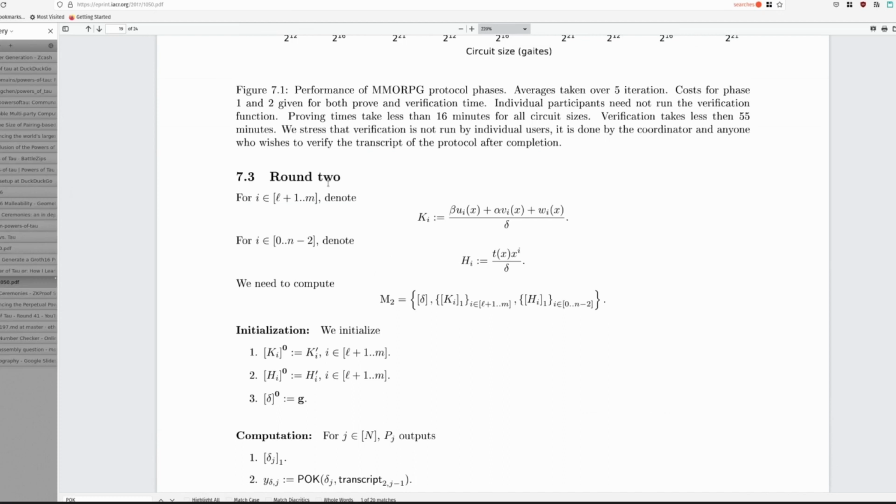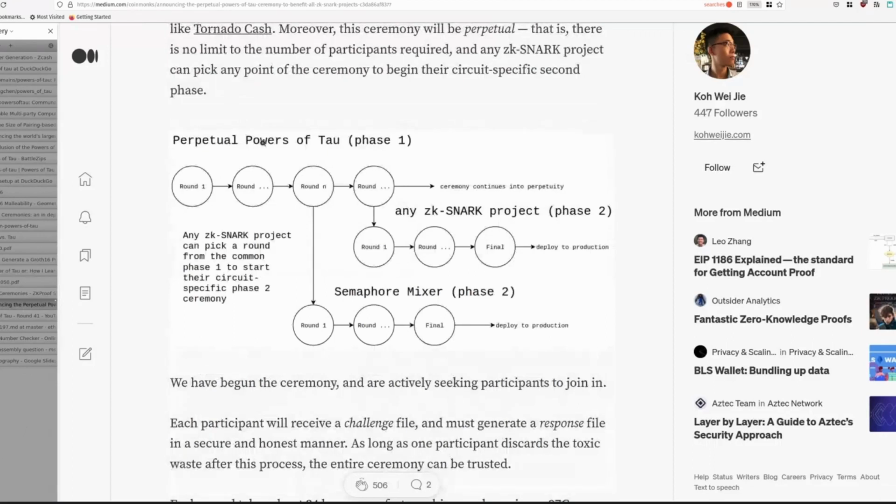Another nice thing, which we might not look at today, is that you can get something called a perpetual powers of tau. So round 1 could be running, and then you could put different round 2s over it. Okay, so they also call it phase 1 and phase 2.